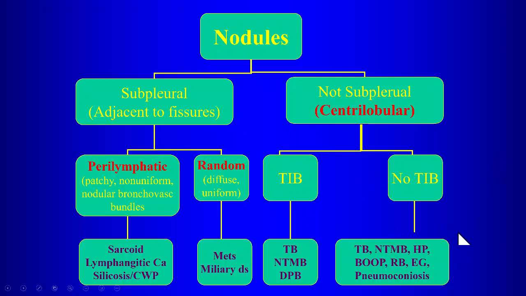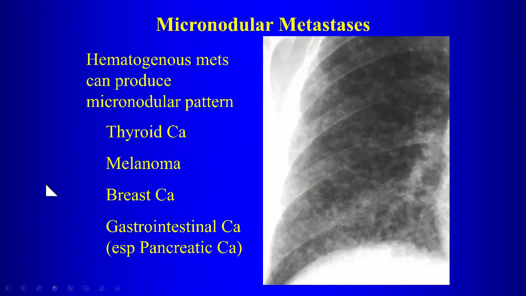No, could still be TB, but there are some other diseases there also that might give you that centrilobular distribution. And we already discussed random versus perilymphatic, miliary disease versus metastatic disease for random hematogenous dissemination, and then sarcoid, lymphangitic tumor, although silicosis, coal workers' pneumoconiosis, that can also look like sarcoid, might also give you a perilymphatic distribution at times.